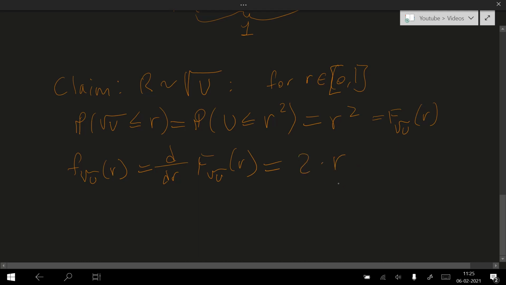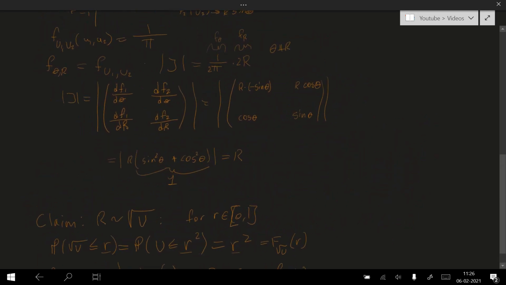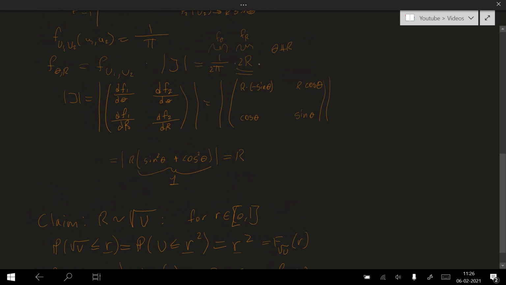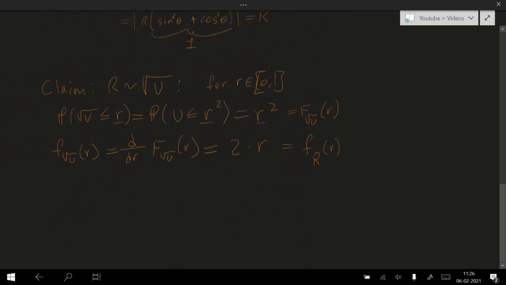But this is exactly, if we instead had written large r here, this would exactly be equal to the density of large r taken in r. Because we found up here that this density was 2 times r. I should have used a small r here. So this is correct.